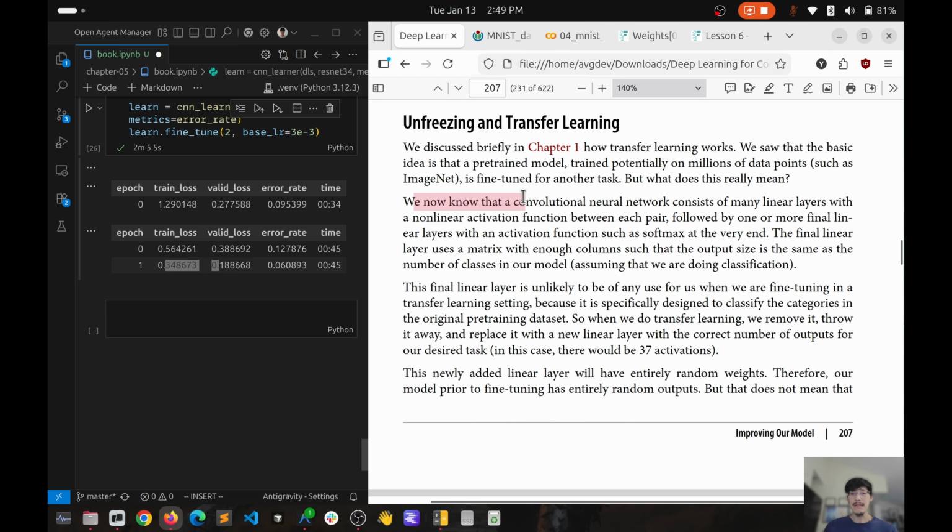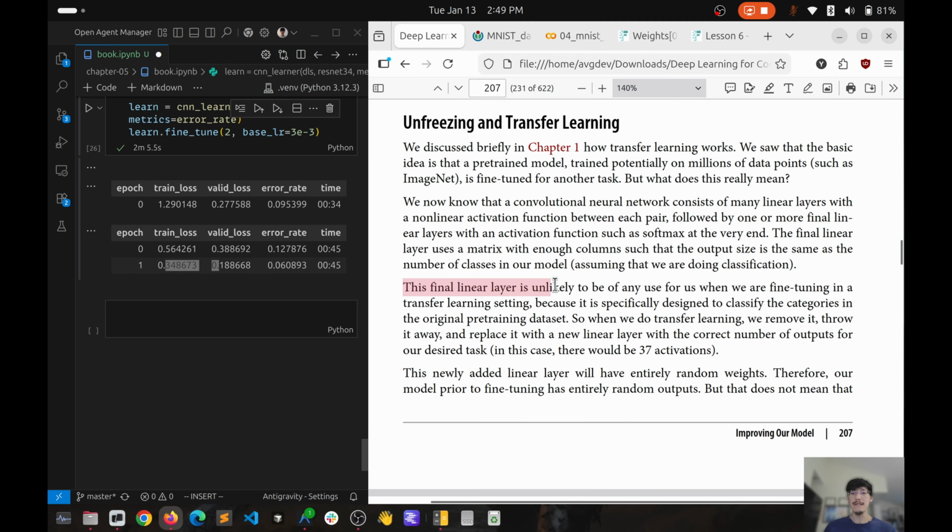We now know that a convolutional neural network consists of many linear layers with a nonlinear activation function between each pair, followed by one or more final linear layers with an activation function such as softmax at the very end. The final linear layer uses a matrix with enough columns such that the output size is the same as the number of classes in our model, assuming we are doing classification.